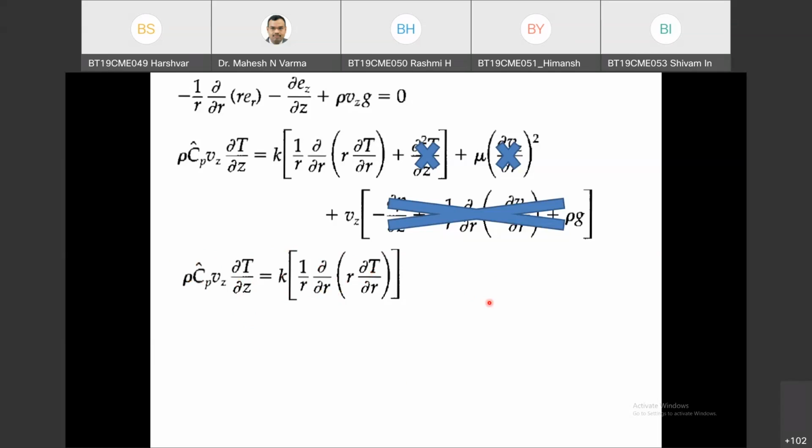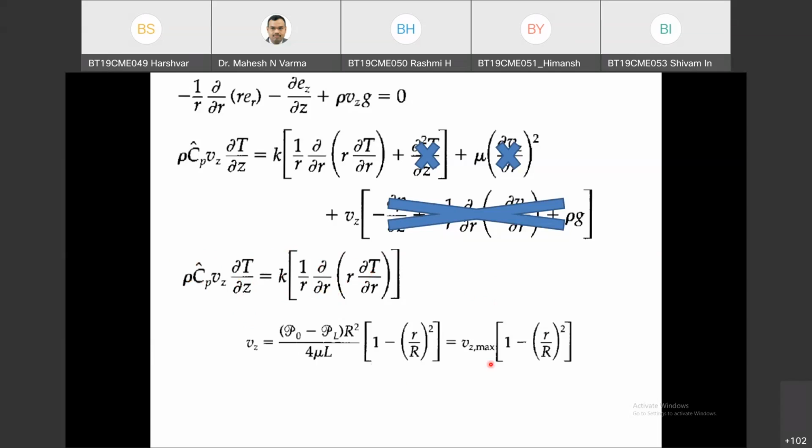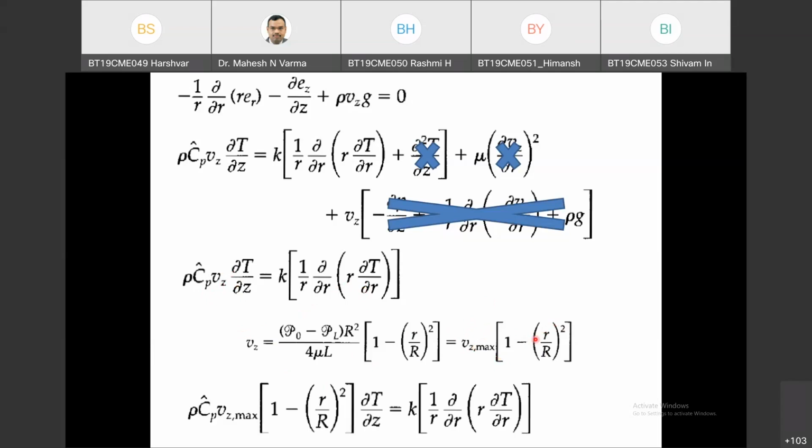You can substitute the velocity profile, because velocity is also a function of R, so the velocity variation with R can be considered.